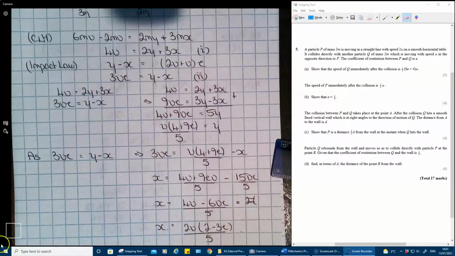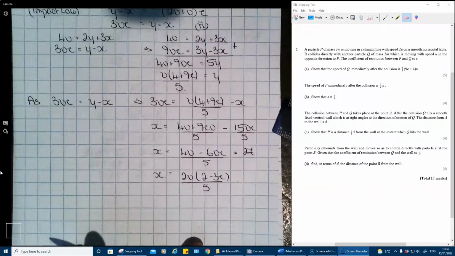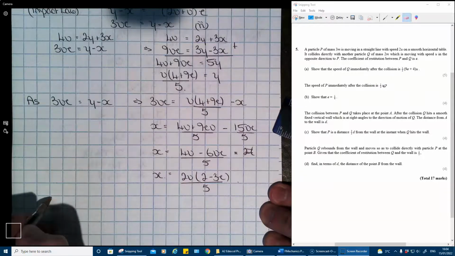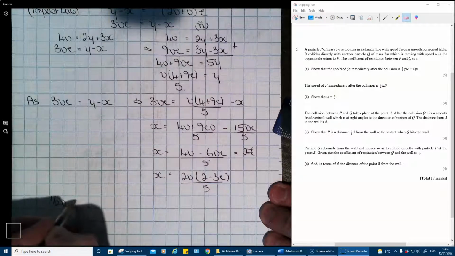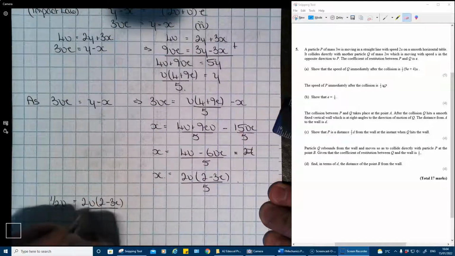Okay, so we know we've got x now, we've got speed of p, and we know that equals a half u. So we've got half u equals 2u, 2 minus 3e over 5.